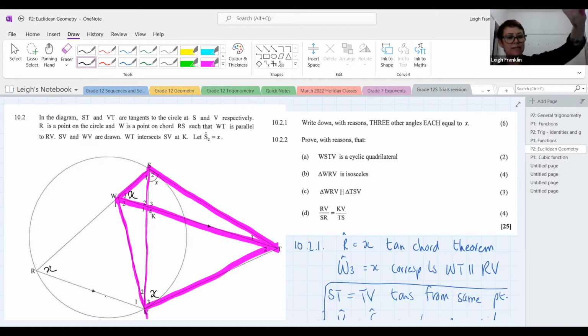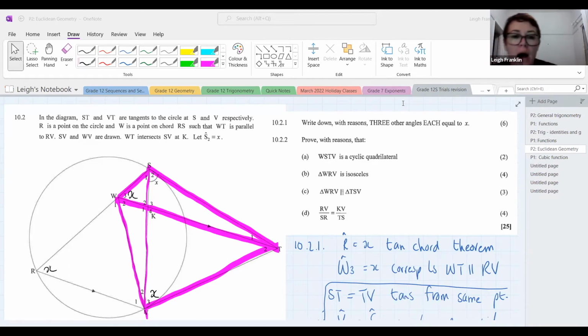Okay, so fingers at S and T, follow SW and TW to W3, back to ST, and from ST to SV and TV. Okay, can you see there? They're both equal to X. W3 is X and V3 is X. That's converse angles in the same segment. Does that make sense to everybody? Right, can you see that now?